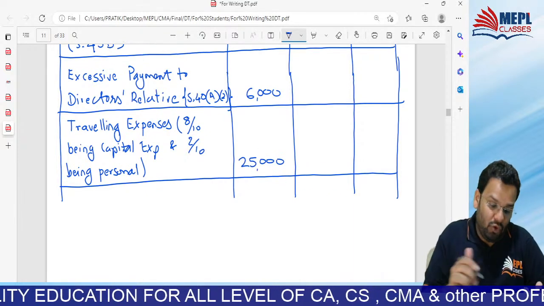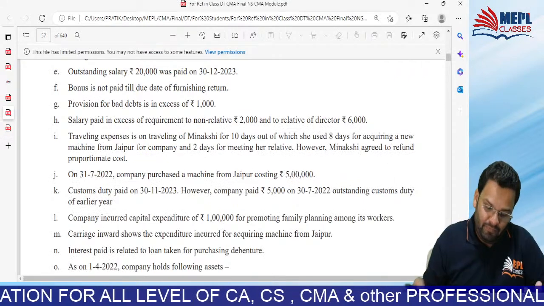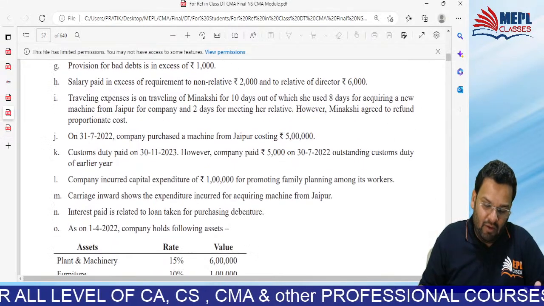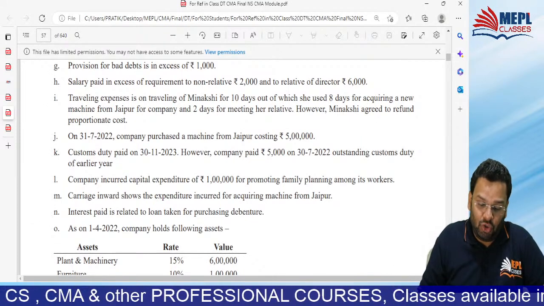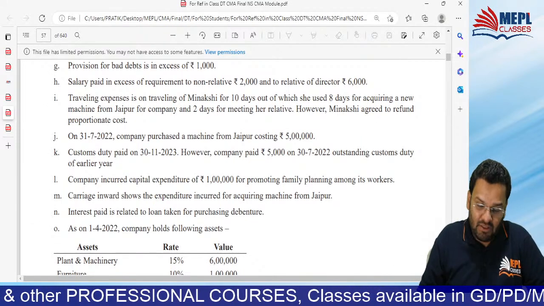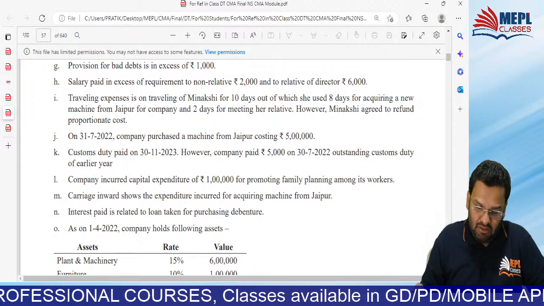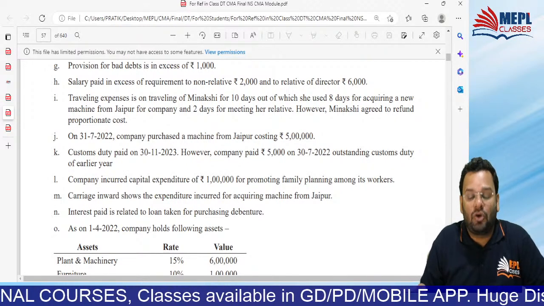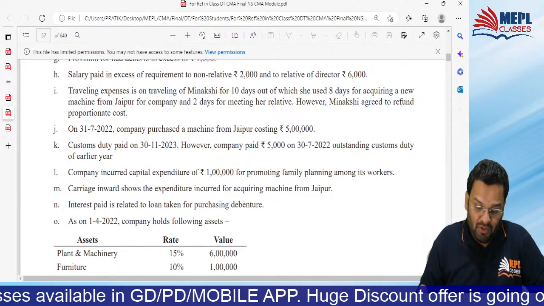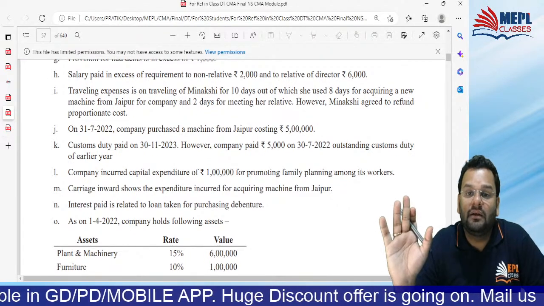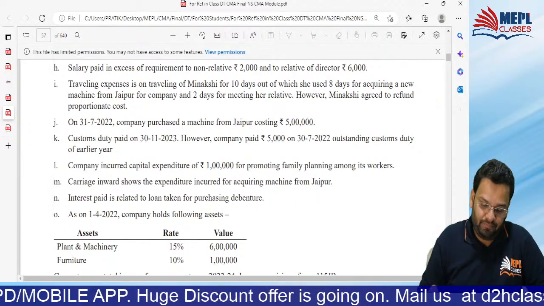Disallow full 25,000. Okay. After that, on 31st July 2022, company purchased a machine from Jaipur costing rupees 5 lakhs. So yes, on this, you will have to provide depreciation.